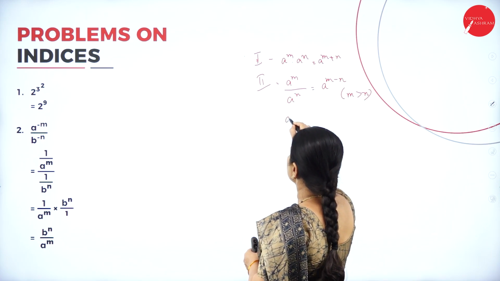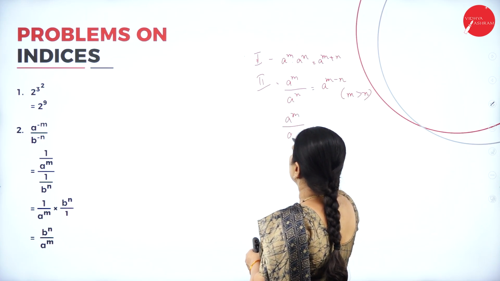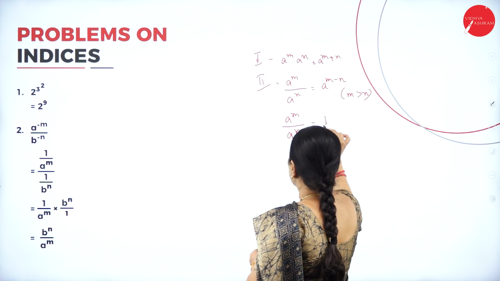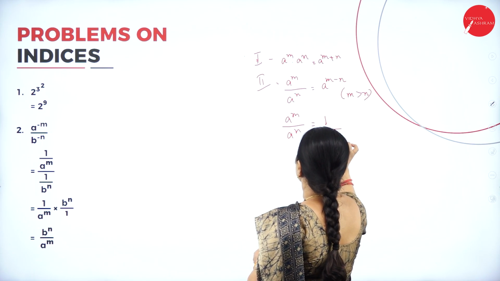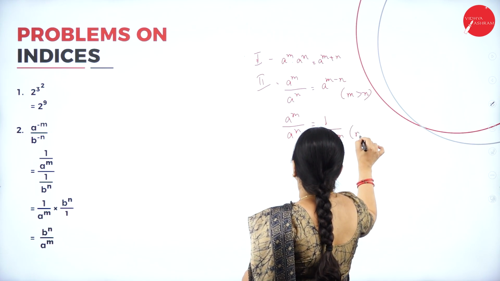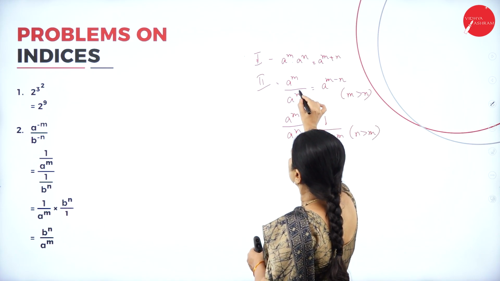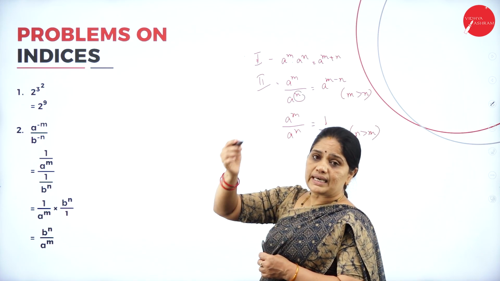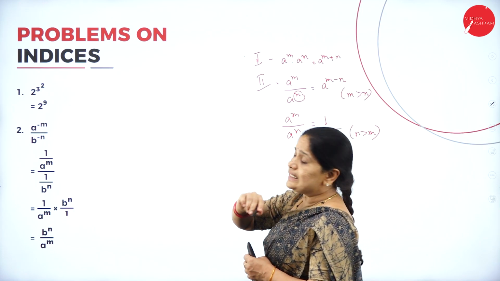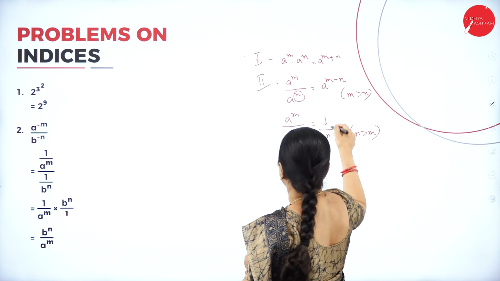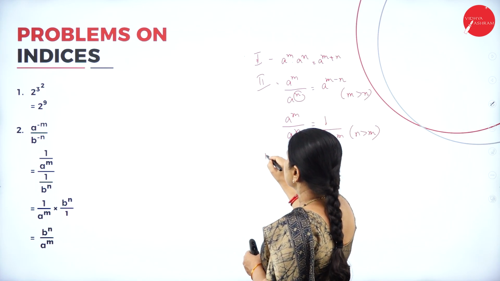Suppose again I have a to the power of m by a to the power of n. I will be writing 1 by a to the power of n minus m when n is greater than m. So, when this power is more than the power of the numerator, then I have to write the answer in this way, 1 by a to the power of n minus m.